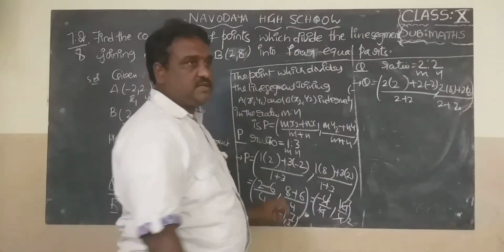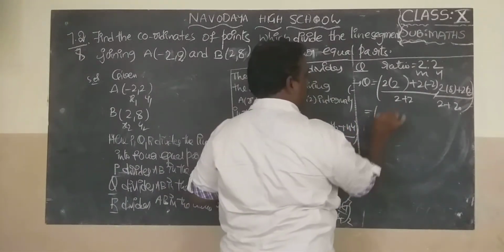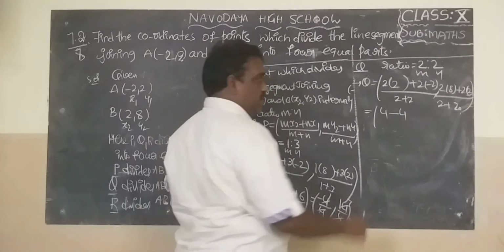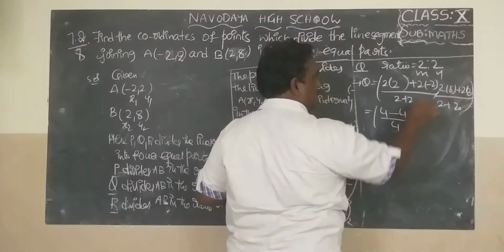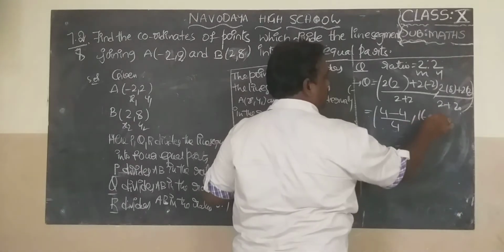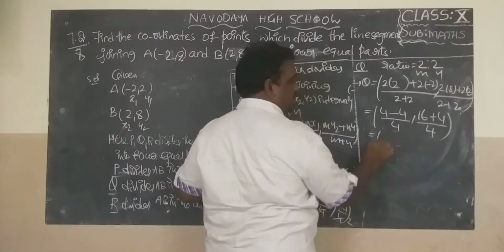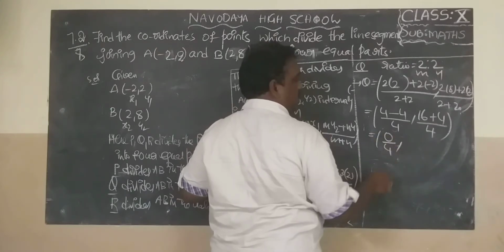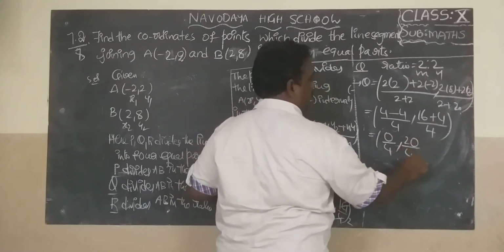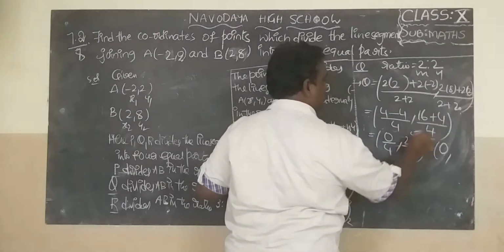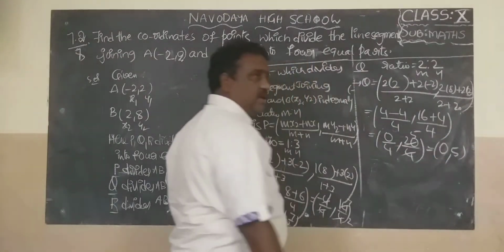Then we get 4 minus 4 is 0 by 4, and 16 plus 4 is 20 by 4. 0 by anything is 0. 20 by 4 is 5. So (0, 5).